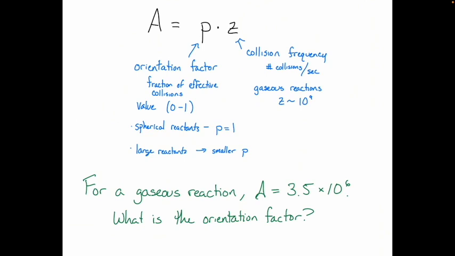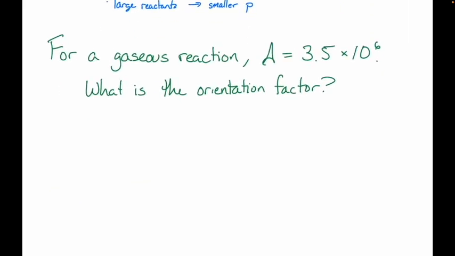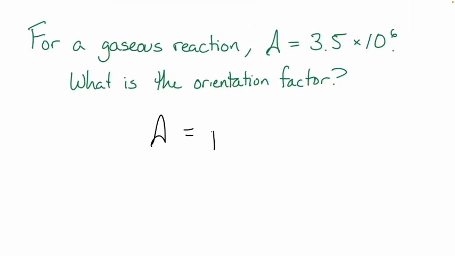Okay, so we can get a good approximation of what fraction of collisions are effective for this particular reaction because it's a gaseous reaction. So we can go ahead and plug in 10 to the 9 for that Z component. So plugging in, we got A equals P times Z. Plugging in what we know, 3.5 times 10 to the 6 equals that orientation factor times 10 to the 9.